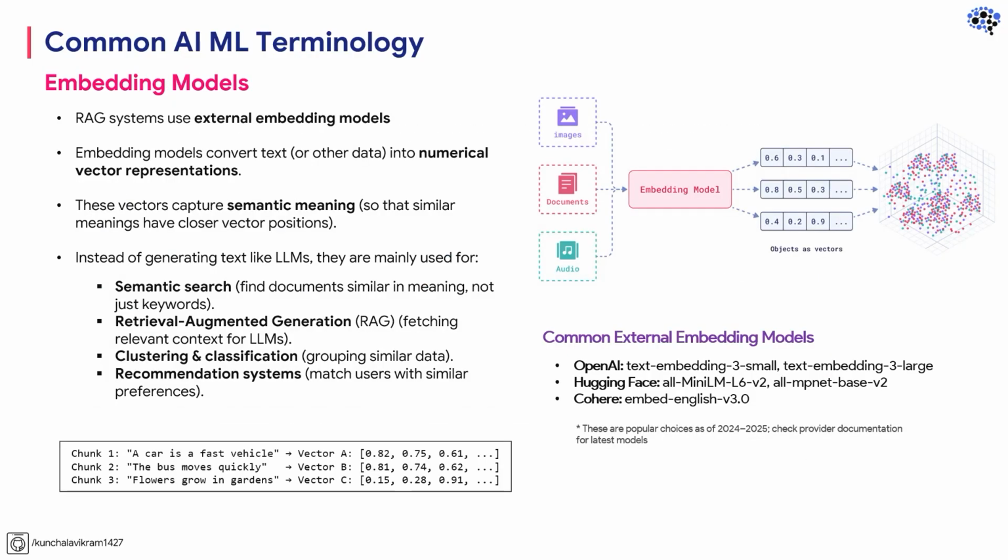Now, who creates these embeddings? It is the LLM, but in RAG systems we don't use the LLM's inbuilt embeddings; we always use external embeddings. If you see the RAG flow, we are not talking to the model directly.